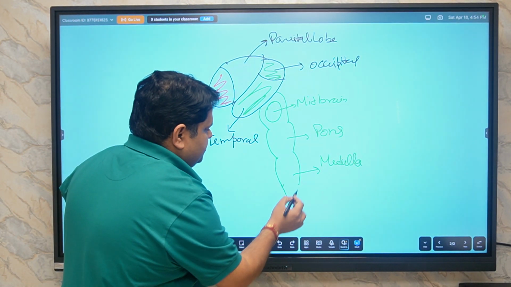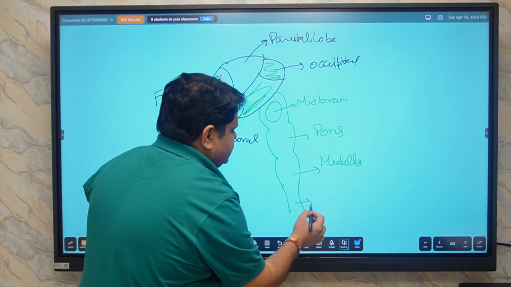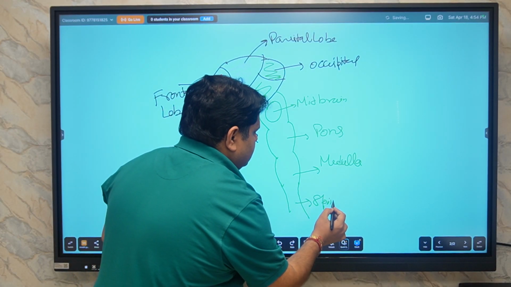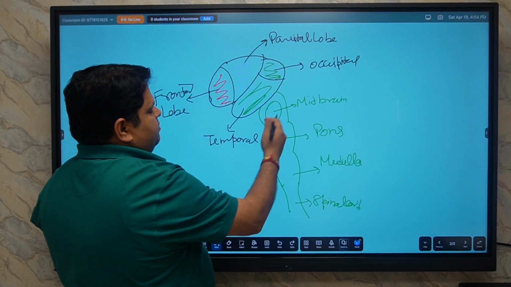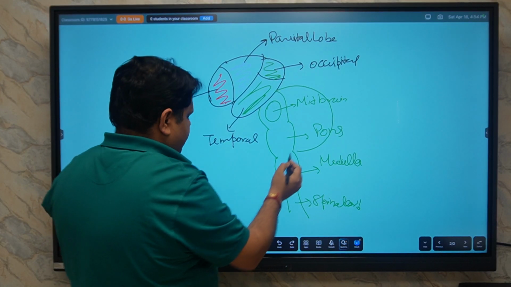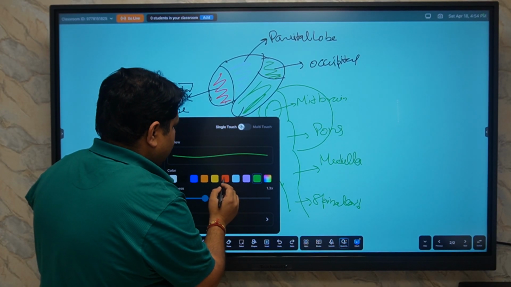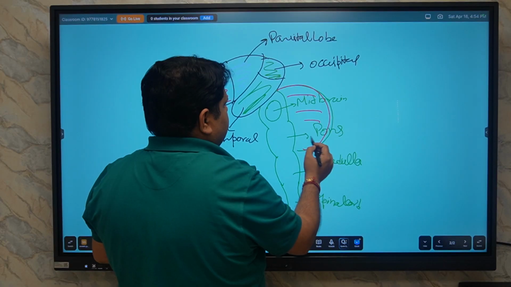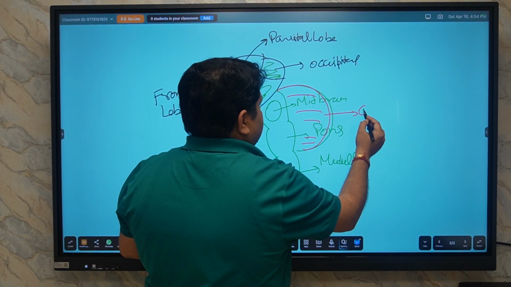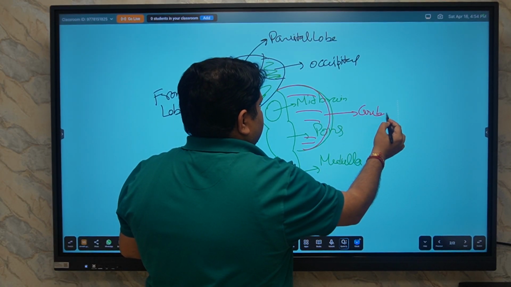After brainstem, medulla continues as a spinal cord, and behind the brainstem there is an area which is called the cerebellum. So this area is the cerebellum.